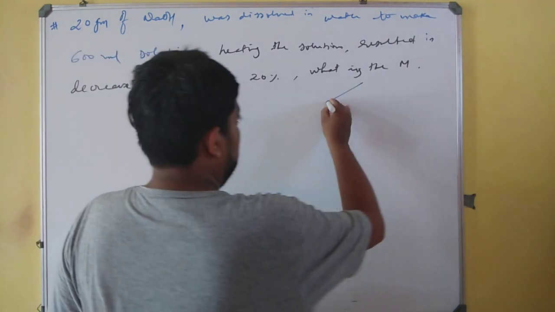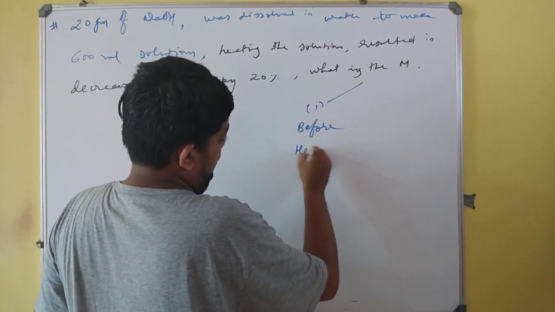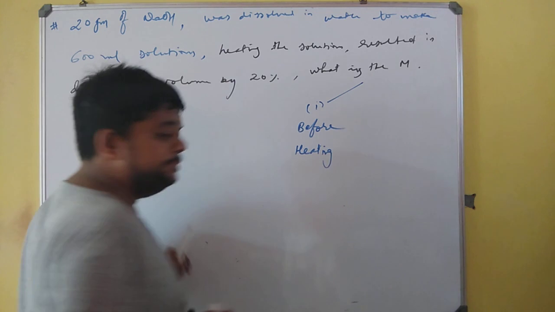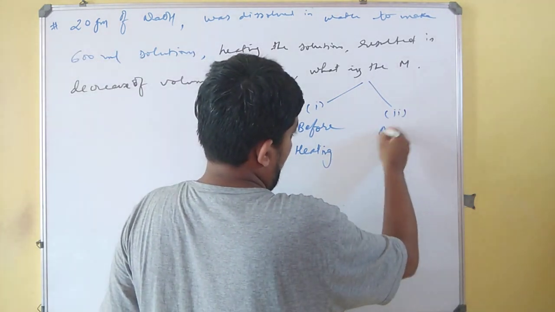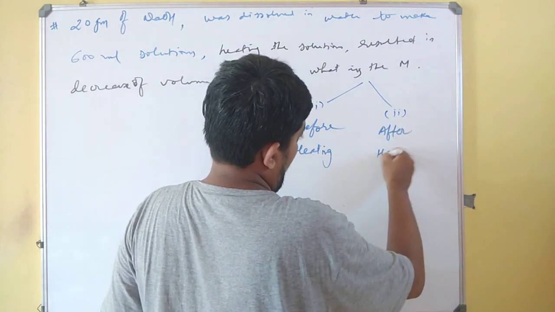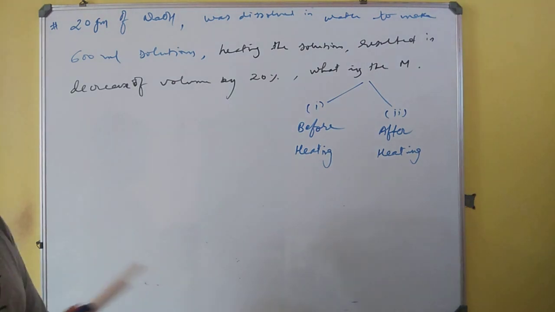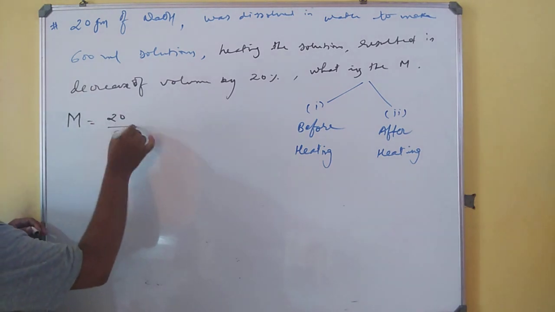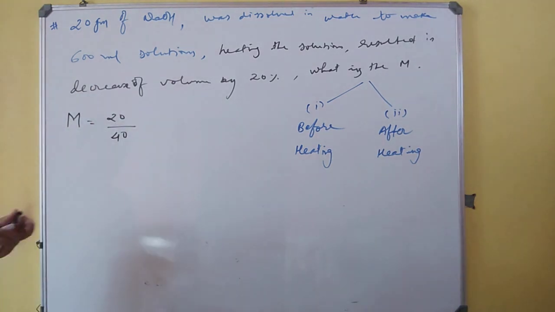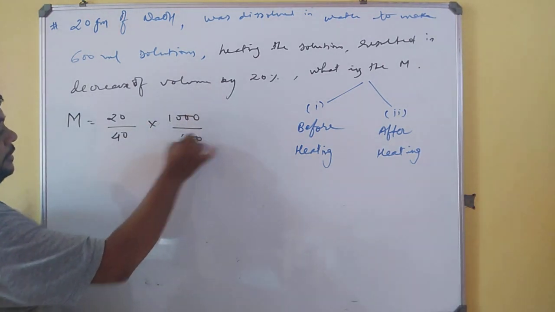One, that is before heating, and second, after heating. Before heating, it will be very simple. Molarity is equal to 20 gram, that is weight, divided by 40, that is molecular weight, into 1000 by 600.